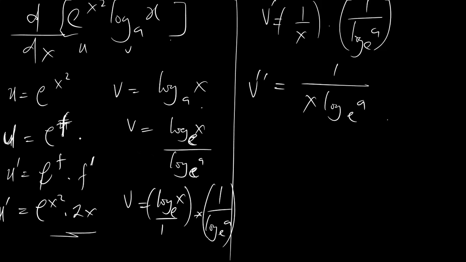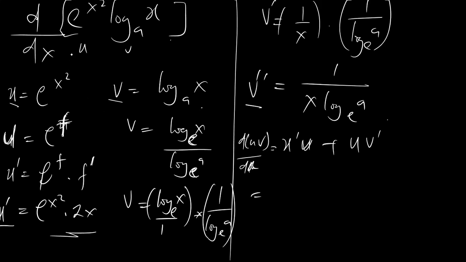Now we have gotten our v prime, our u prime, our u and v. So we'll now use this expression, u'v plus uv', as the derivative of a product function.